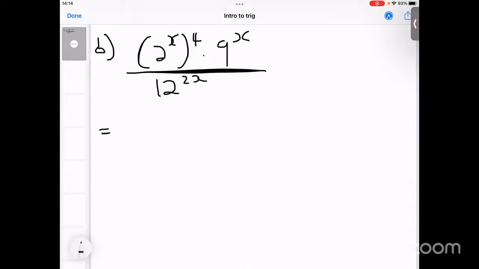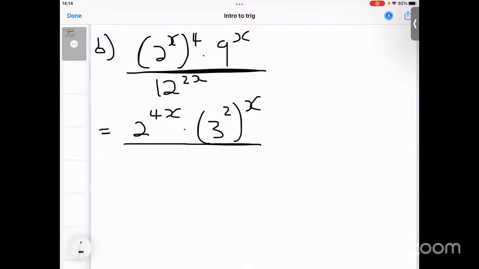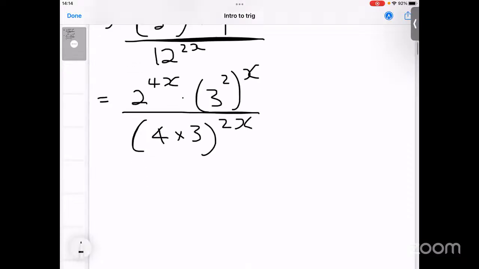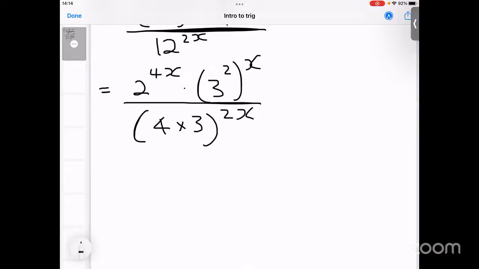And what I was doing there was to say we definitely have 2 to the 4x that you multiplied by this one, which can be written as that. And with regards to the 12, I'll say it can be written as that times that to the 2x. Yes. Okay. So now, obviously 2 to the 4x, we can just leave it as it is.